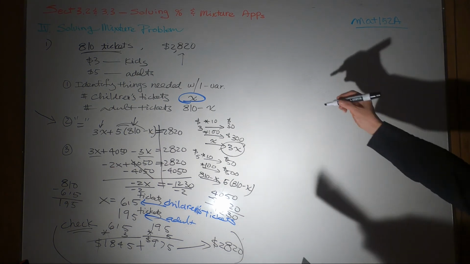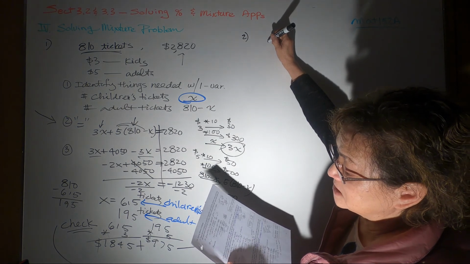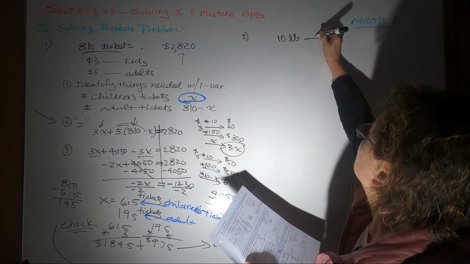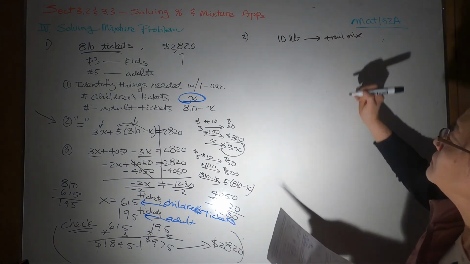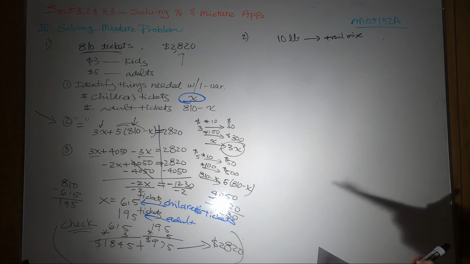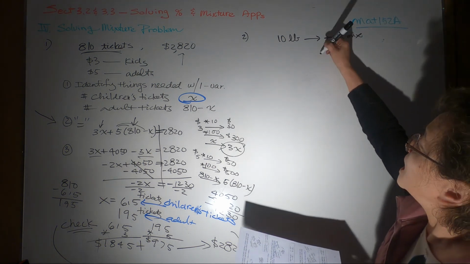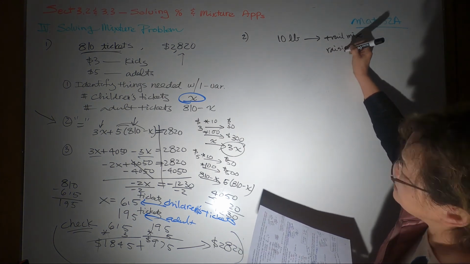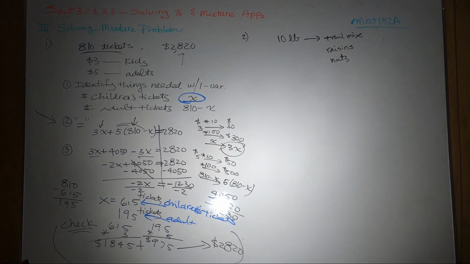So, say you want to mix this trail mix, total 10 pounds of what? Trail mix, right? Then you are going to mix with them what? Raisins and nuts. Nuts usually are more expensive, right?